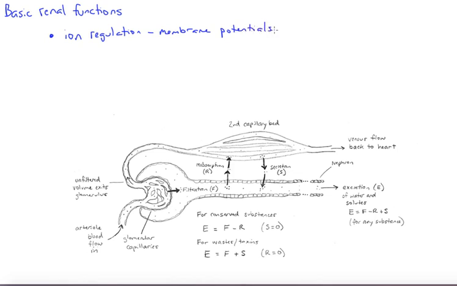And the reason this is true is membrane potentials are all about ion transport across the membrane, whether it be active or passive leak, and it sets up a voltage. And that voltage is generated by the charge of the unequal distribution of ions.